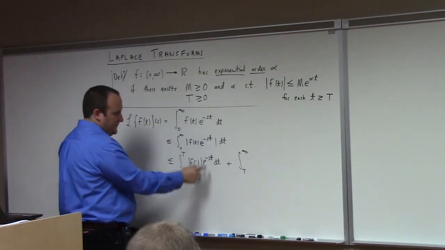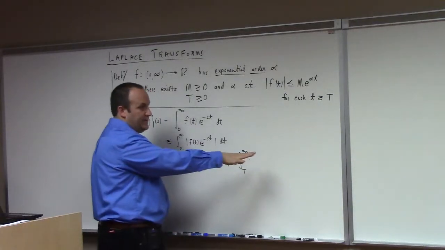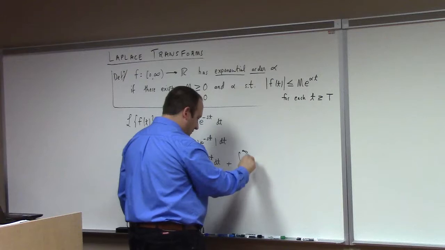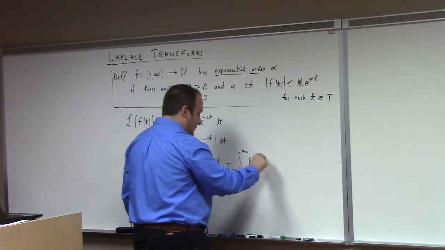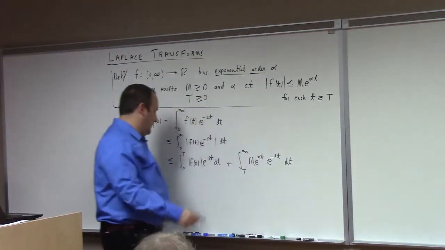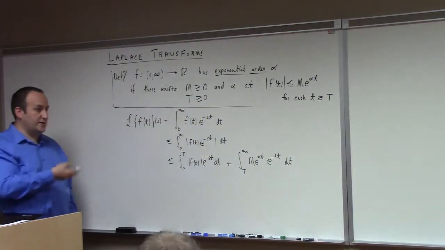So this is just the first piece. And then the second piece, I'm going to replace with something bigger. In particular, I'm going to replace f of t with M e to the alpha t times e to the minus st dt, right? So I can do that by the given assumption about exponential order alpha.